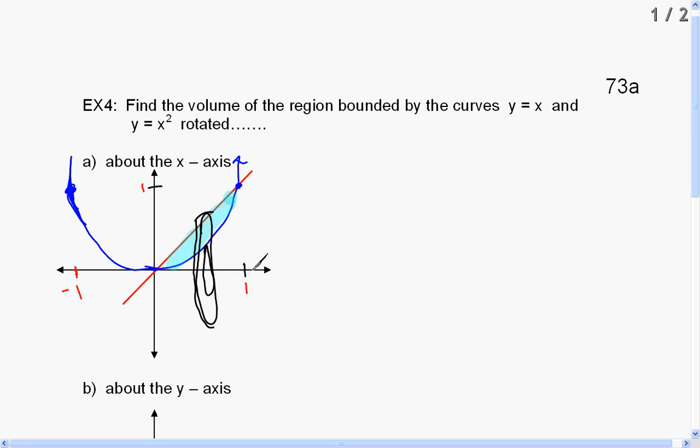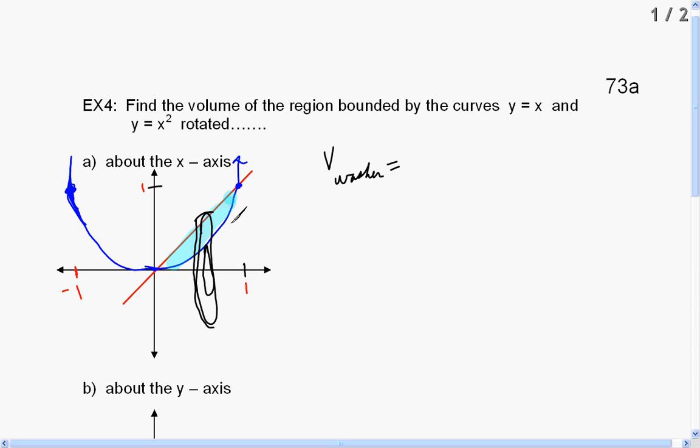So if I think about the volume that's generated, let's just say the volume of the washer.